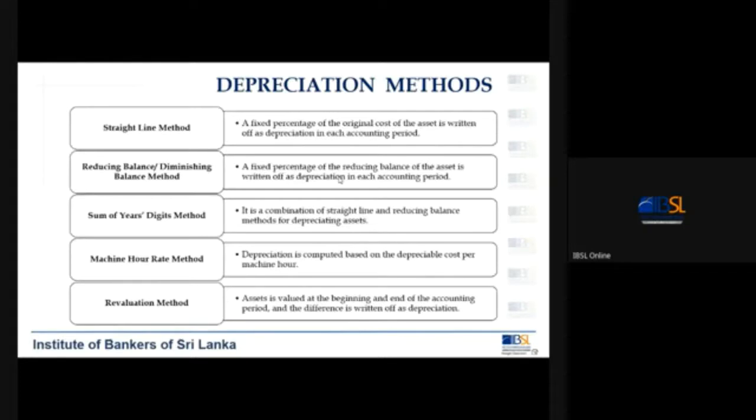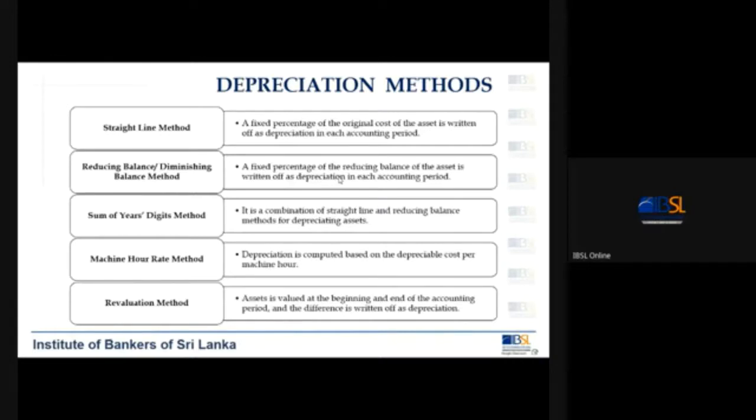But companies do not encourage the revaluation method for assets other than land and buildings. If an organization uses hundreds of computers, applying a revaluation method is not justifiable. A computer, as long as you keep on using it, doesn't appreciate in value. There is always wear and tear, so it has to depreciate in value.